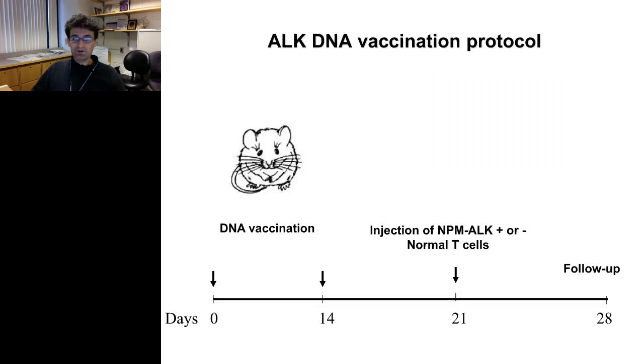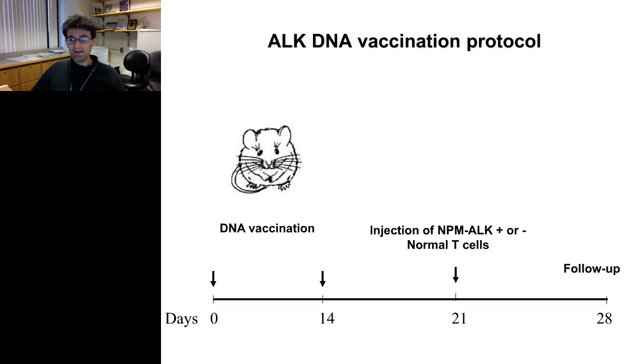And indeed, we show that a very simple vaccination protocol, in which there is one priming vaccination with DNA at day 0, at the beginning of the experiment, and then a second vaccination that works as a boost, is efficient enough.